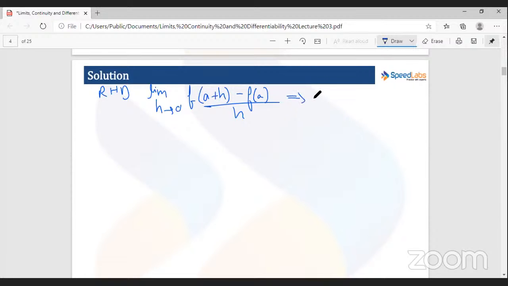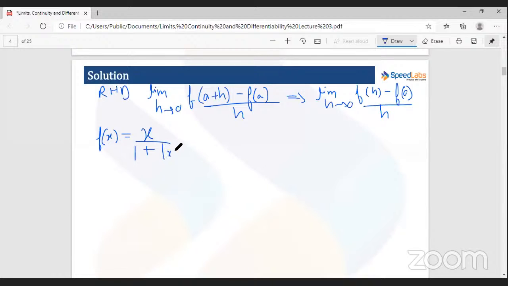So it becomes limit h tending towards 0, fh minus f0 upon h. fx was x upon 1 plus mod x, so fh becomes h upon 1 plus mod h. f0 is 0 here.